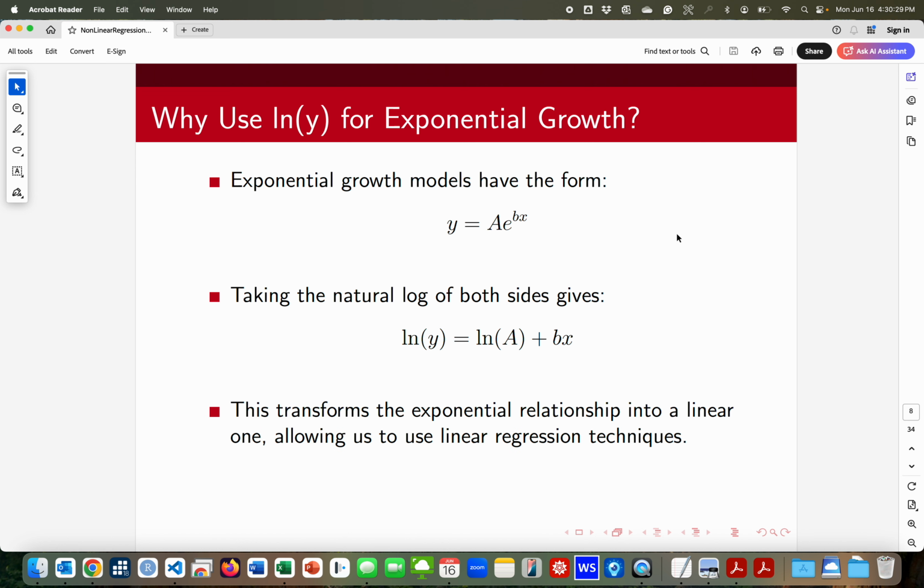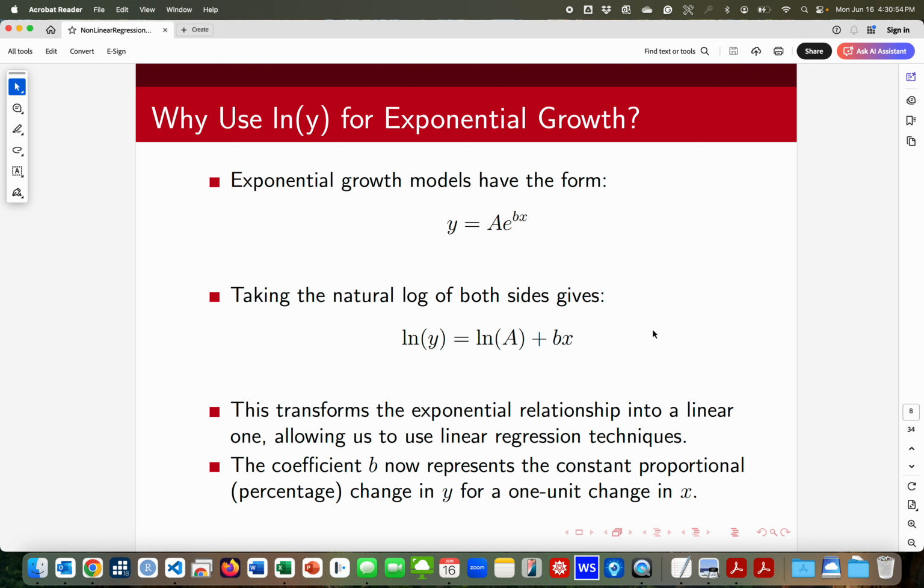So it transforms that exponential relationship into something that's linear, which is why we can estimate it using the methods that we already know. We can estimate it using least squares. If you try to model this relationship here, we cannot model that using least squares. It violates one of the assumptions. But if we transform it using the natural log, we now get something that can be estimated using least squares.